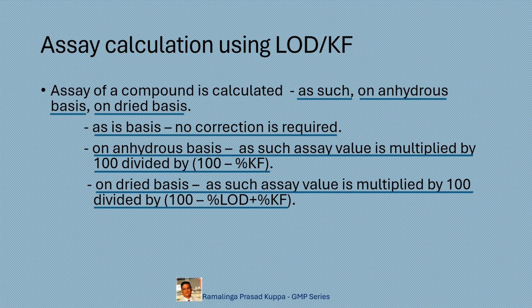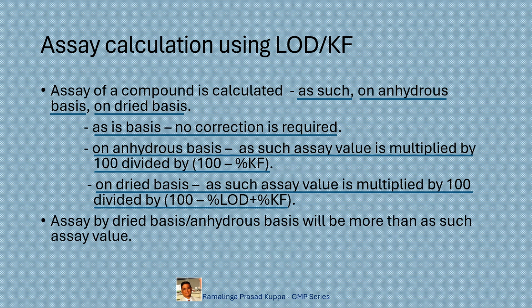Some products are tested for LOD at lower temperatures, less than 105 degrees Celsius. In such cases, water, if present, may not appear in the LOD test result. Assay by dried basis or anhydrous basis will be more than as-is basis. This is a simple linear equation to understand.